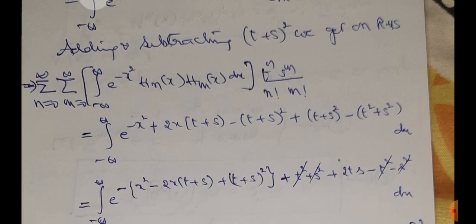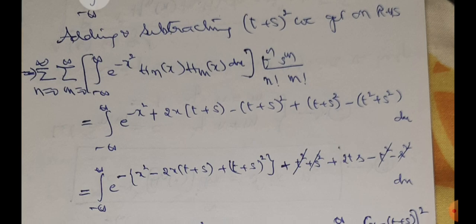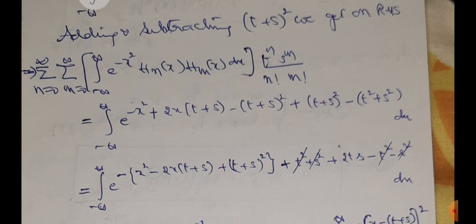Now this becomes the integral from minus infinity to plus infinity of e power minus of x square minus 2x into t plus s plus t plus s whole square. Considering the first three terms in the first bracket, taking the minus common, and expanding the last two terms, that is t square plus s square plus 2ts minus t square minus s square.